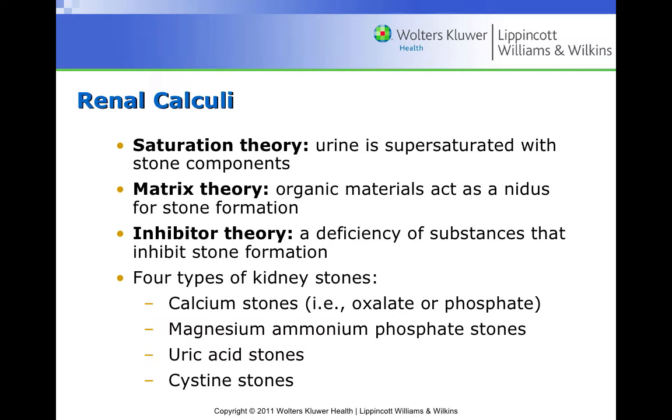Other diseases, such as having hyperparathyroidism and or gout, would also predispose you to having the ability to form kidney stones. We're not going to focus a lot on the types of kidney stones, but you can see there are different kinds of kidney stones. They're made of different materials. Therefore, we can use different medications and diet to help control the formation.